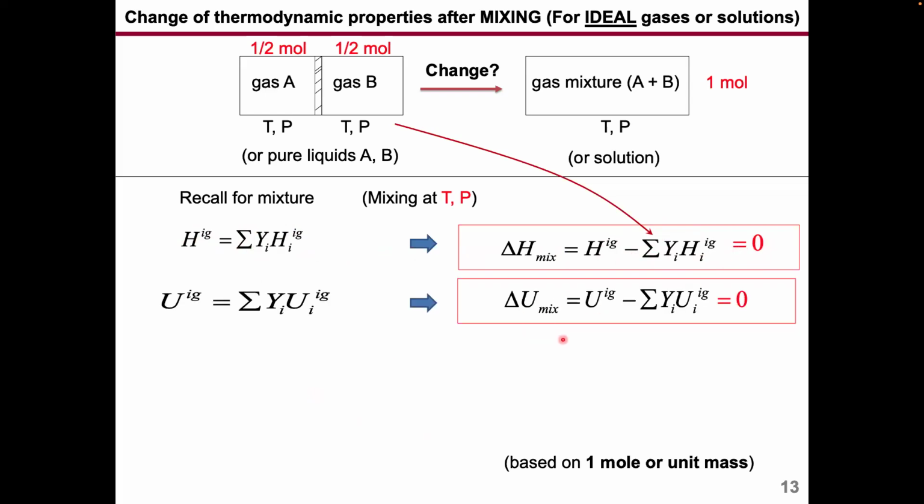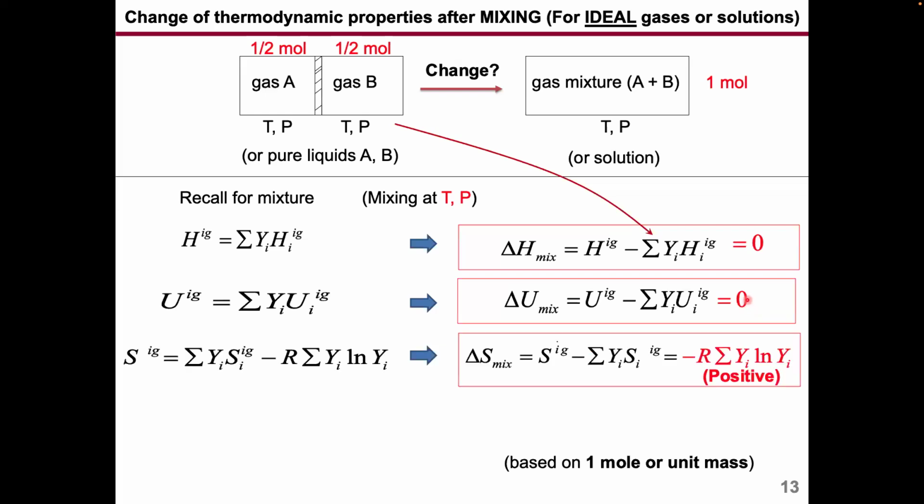Same thing with your internal energy. You don't have any change in internal energy due to mixing, but different story for entropy, right? So entropy, delta S is going to be mixture minus initial pure state. So basically you move this to the other side, and then you will quickly realize this is going to be minus R summation Yi natural log Yi.